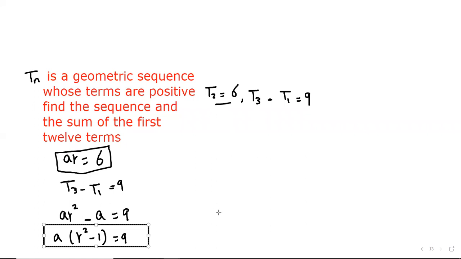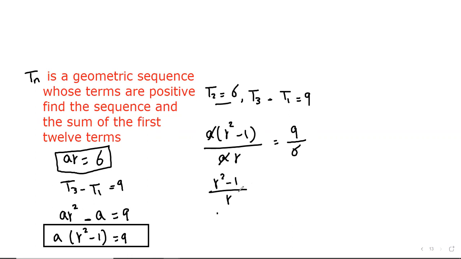Here we can divide the second equation by the first equation. So A multiplied by R to the power of 2 minus 1 over AR equals 9 over 6. Cancel A and A. So you are left with R to the power of 2 minus 1 over R equals 9 over 6, 3 over 2. Do cross multiplying. So 2R to the power of 2 minus 2 equals 3R. Move 3R to the other side. So 2R to the power of 2 minus 3R minus 2 equals 0.